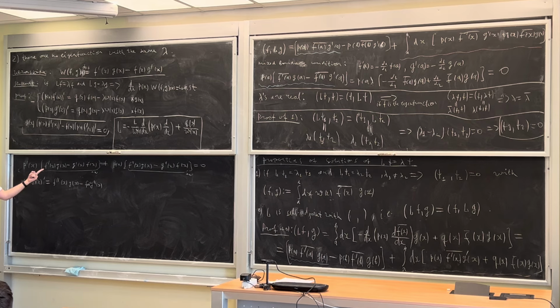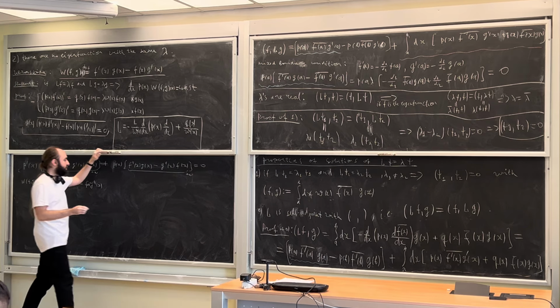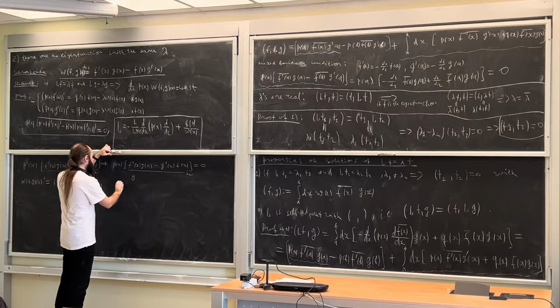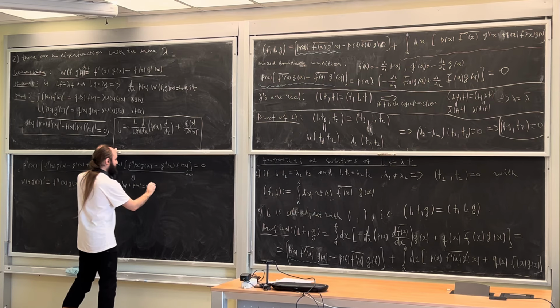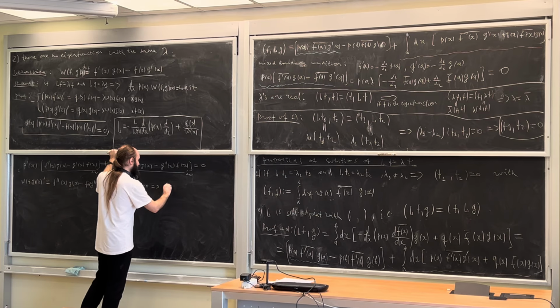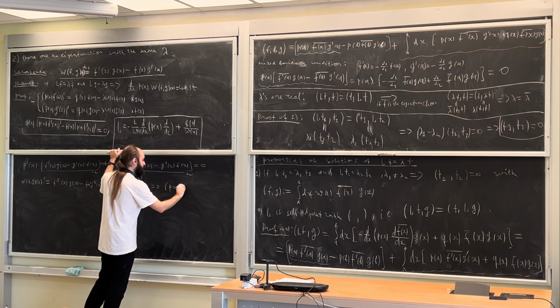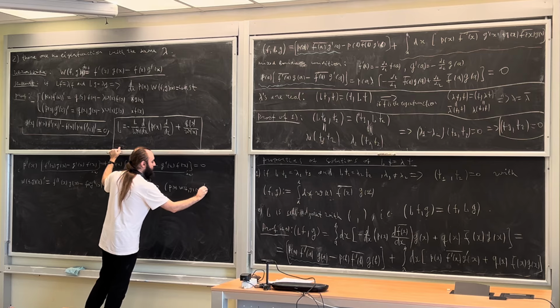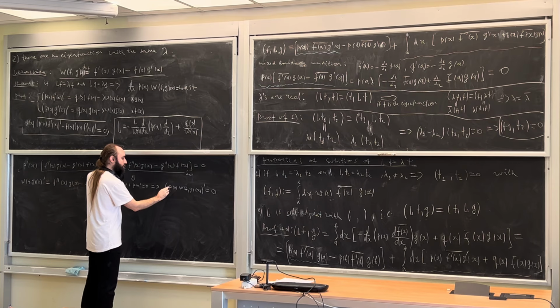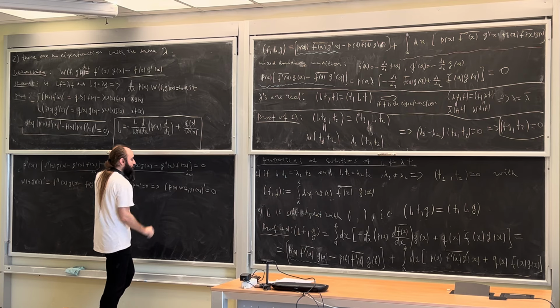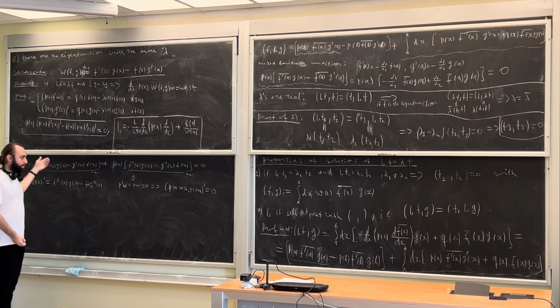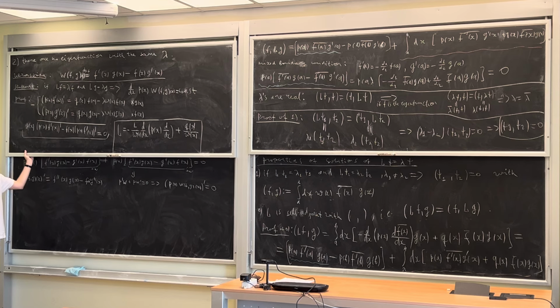So combining all this together, we get the statement that p prime times Wronskian plus p times Wronskian prime equals 0. So (p of x times the Wronskian of f and g of x) prime equals 0.